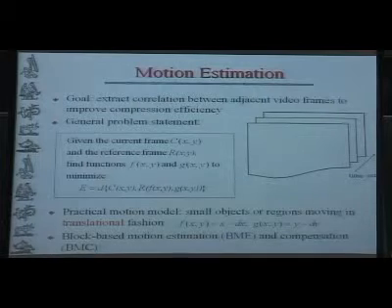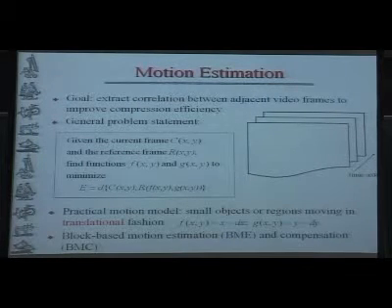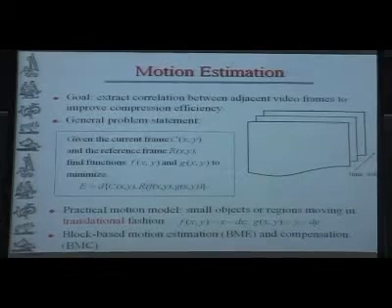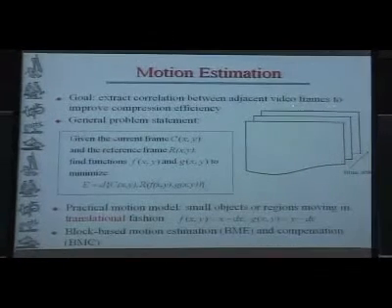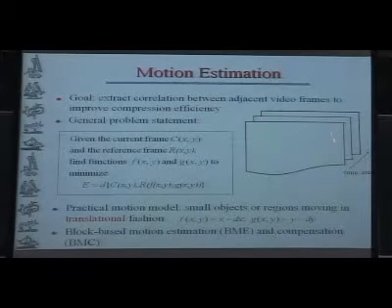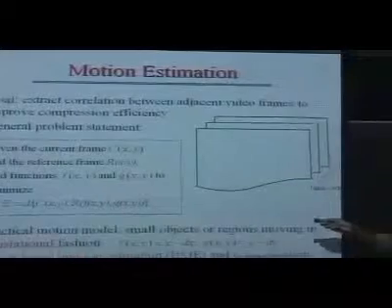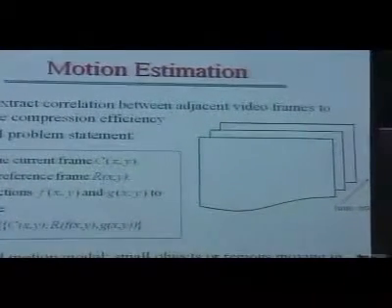Now, let's talk about motion estimation. Formally, the goal of motion estimation is to extract the correlation between adjacent video frames. These are my video frames, this is my time axis, and the general problem statement can be posed like this.